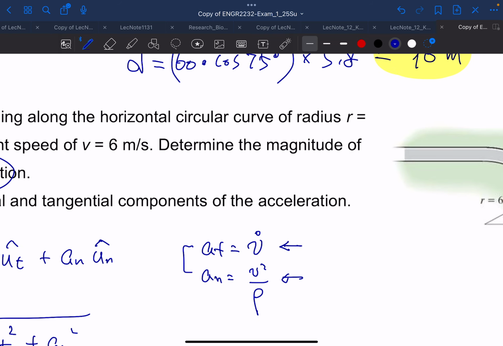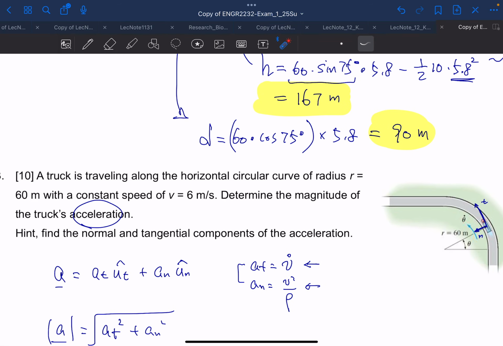What's going to be the value of a_t in this case? Yes, the derivative of the velocity, and it says it's a constant speed, so this is 0.